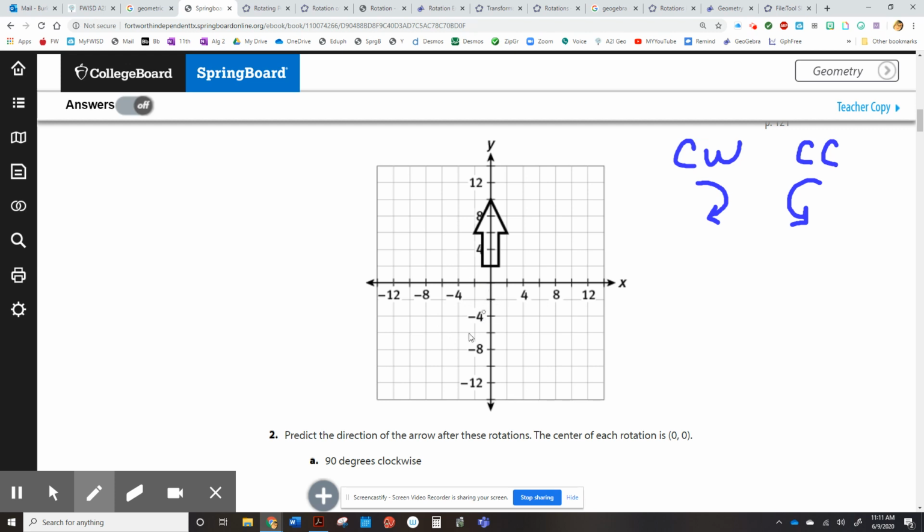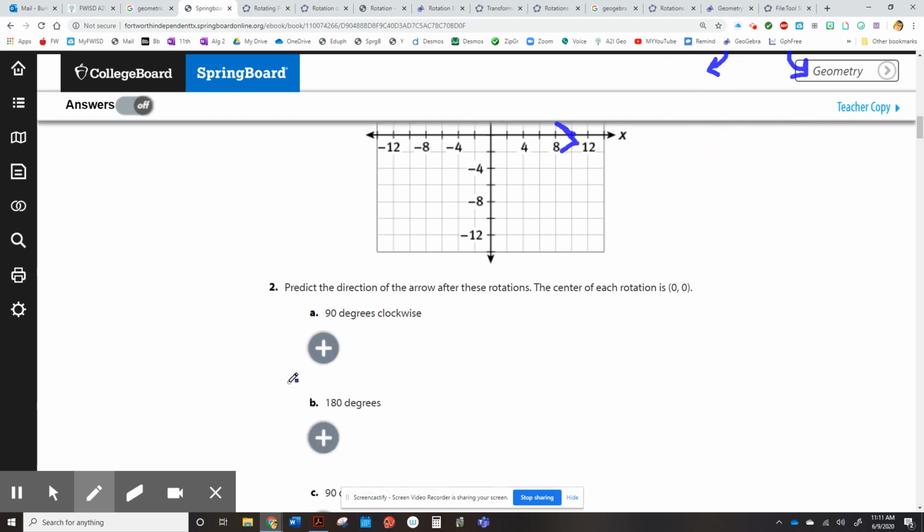Okay, so if we're going to do 90 degrees now, 90 switches the X and the Y value. So right here, we should be at 0, 10. We're going to switch those, and it's going to be at 10, 0. So 10, 0 is going to be right here. So I believe the arrow is going to be pointing that way.